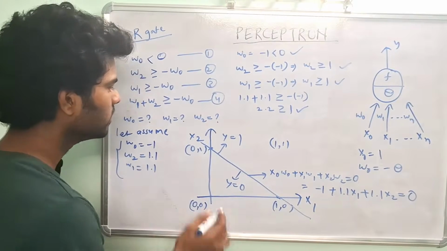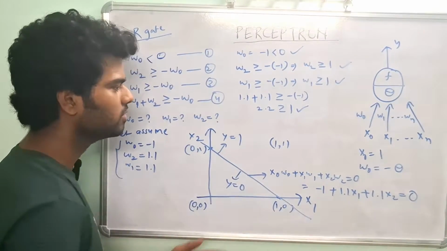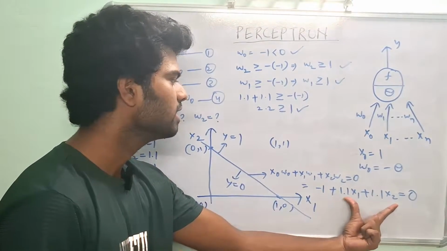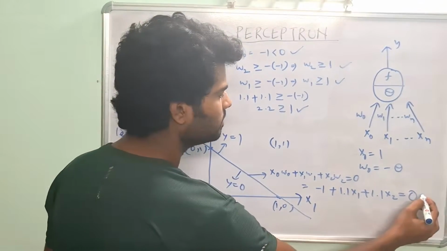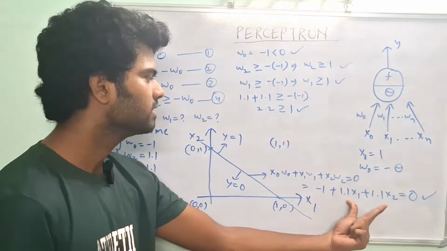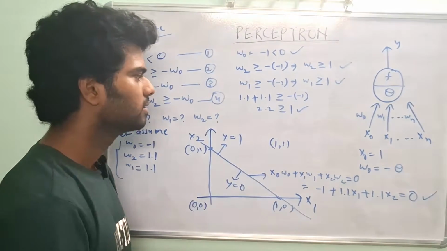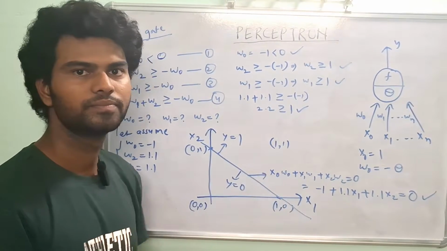So for any values on this line x1 comma x2, if you substitute in this equation, the output will become 0 only. So this satisfies the OR gate perceptron.